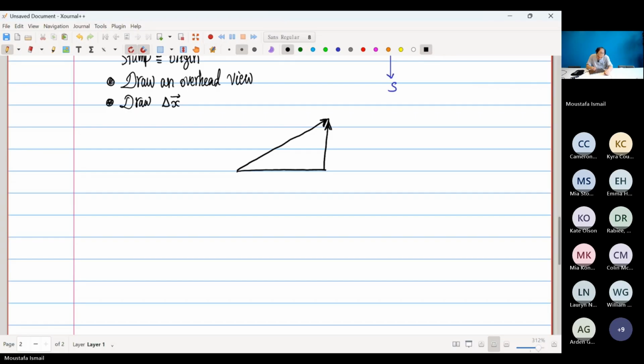And let me call these A, B, and C. So basically what we want is the magnitude of C. Calculate the magnitude of C. Because this is basically the distance from the final point to the initial point. This is how far away is Bob from the tree stump.